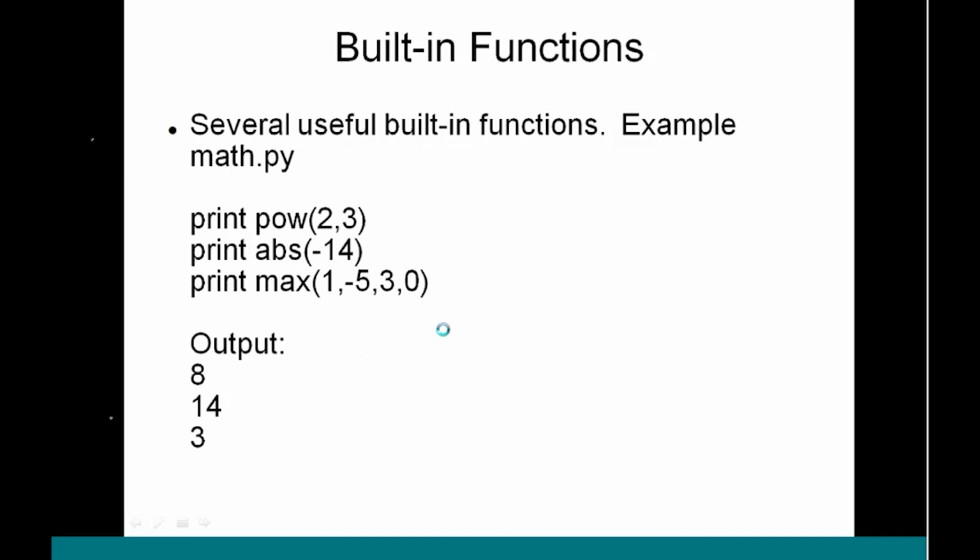Now Python has a rich set of built-in functions. For example, math.py, in your installation you should be able to see there are several functions available, and they are all pretty much free. One is POW.